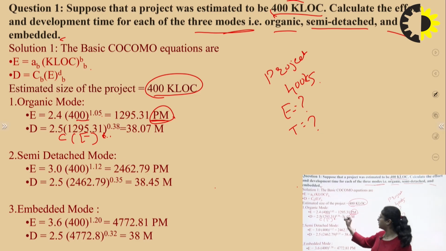If we calculate this, we get 38.07 months. Here month is the unit used for time development.